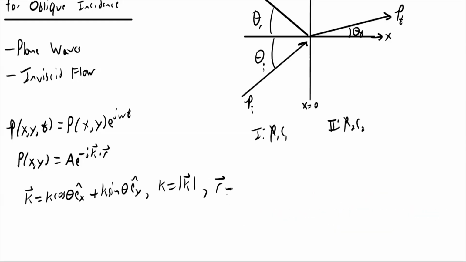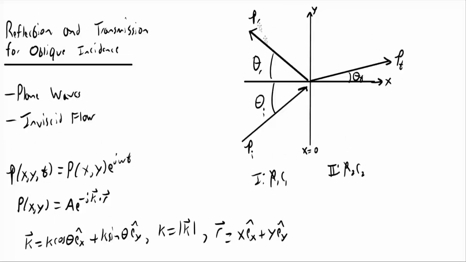And as I said before, r is the position vector, so x x hat plus y y hat. Okay, well, so we can then write each of our PI, PR, and PT in this form.